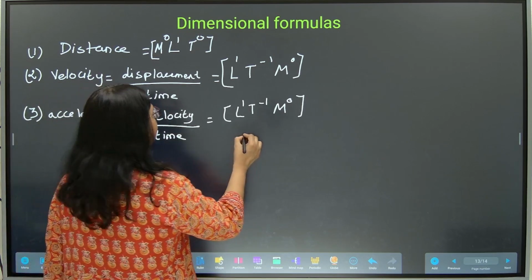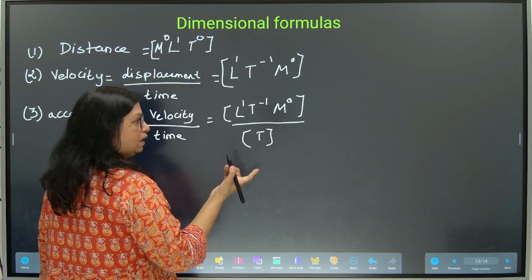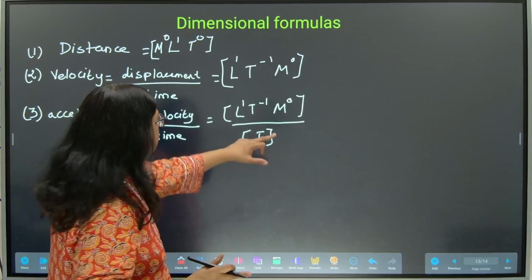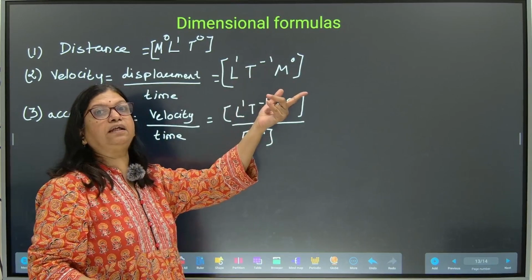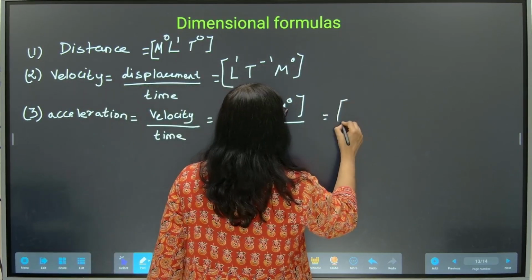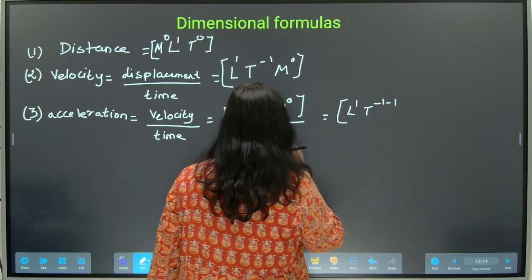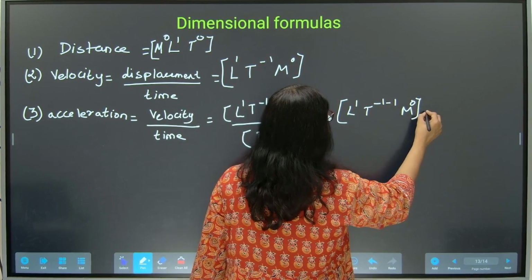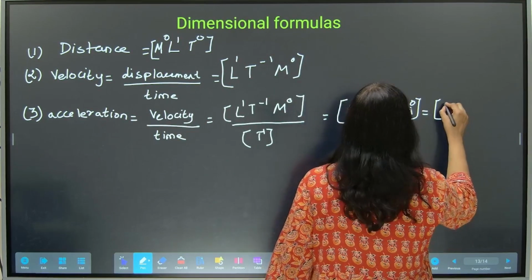Fine. Divided by time. What is its dimensional formula? T. We don't have the base quantity M nor do we have L. Now here T raised to 1. So I have to take the T raised to 1 up, in the denominator. So what should I write here? L1 T minus 1, because this 1 has gone down, M raised to 0. So what is my dimensional formula for acceleration?